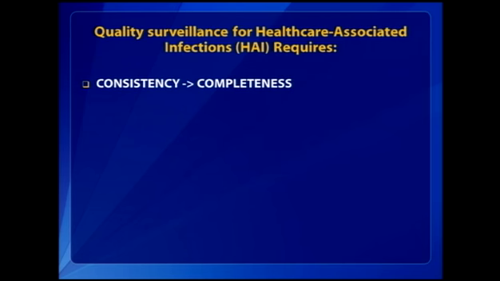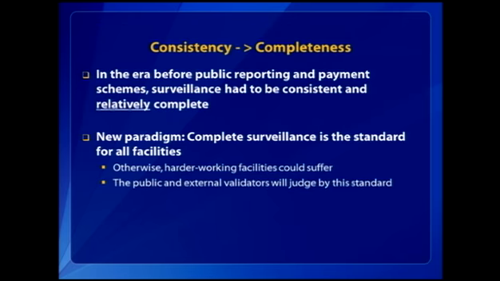Quality surveillance for HAI-associated infections requires several attributes, and one of the ones I wanted to point out is consistency, and now completeness. In the era before HAI data were used for public reporting and for payment schemes, surveillance at a facility level had to be consistent and relatively complete.